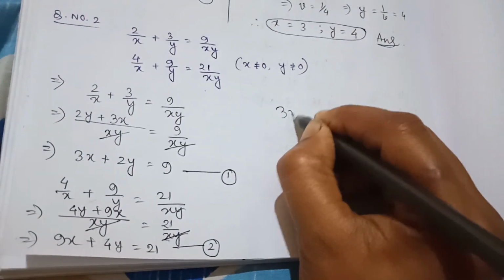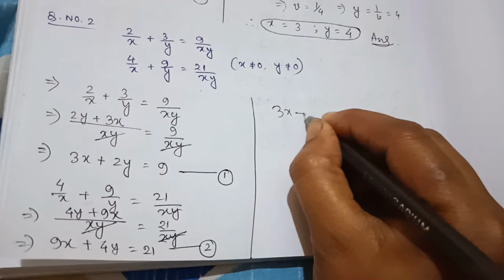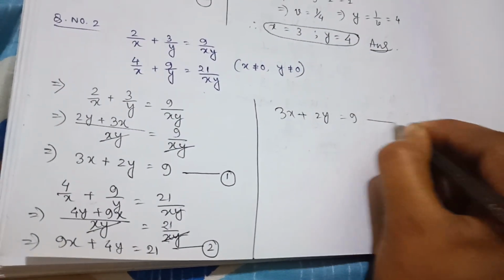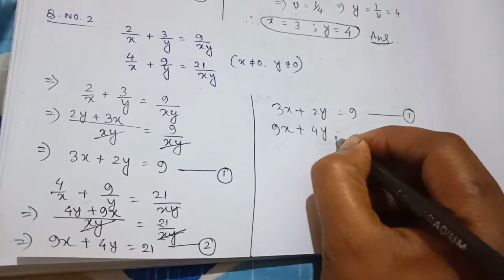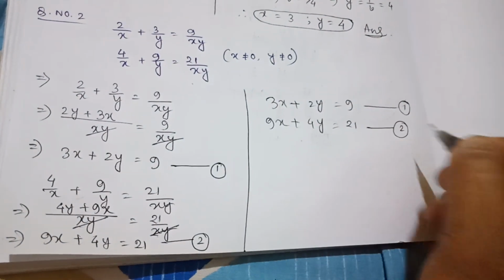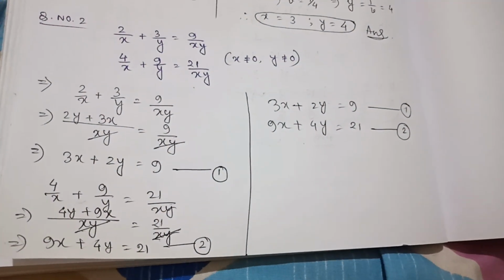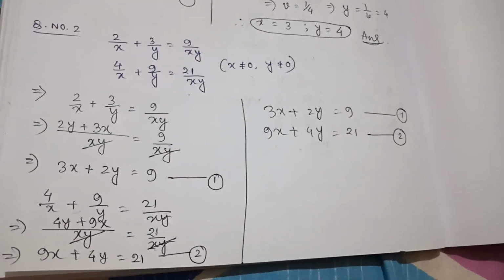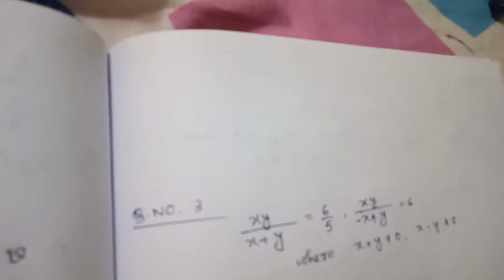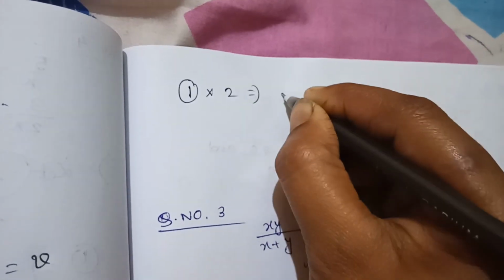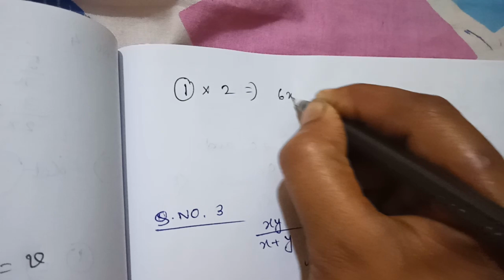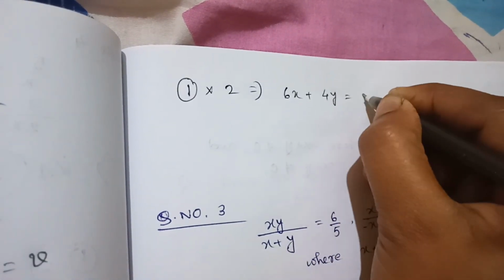Now these two equations, 3x plus 2y equals 9, number 1, and 9x plus 4y equals 21, number 2, are very easy to solve. Number 1 into 2, we get 6x plus 4y equals 18.